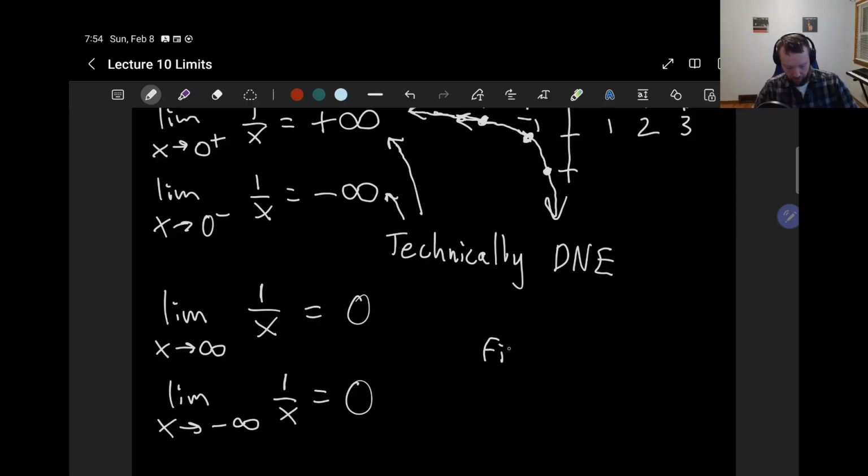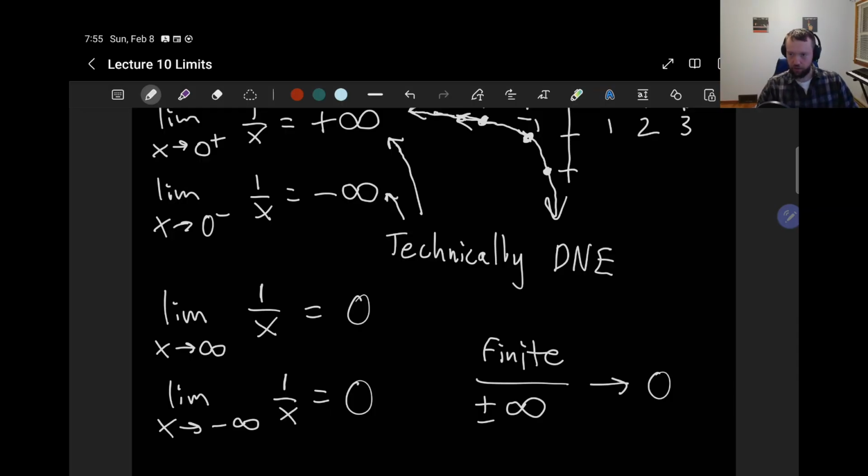So this goes to show if I have a finite number and I'm dividing by something that's blowing up, in this case, I have just this fixed finite number 1 divided by something that's blowing up. And this could be plus or minus infinity.